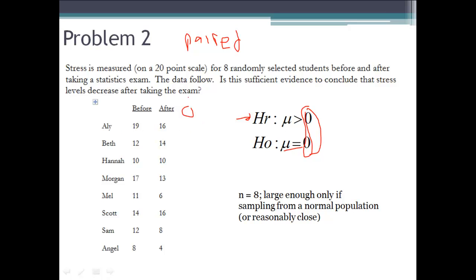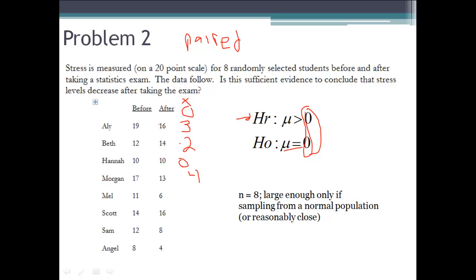What we're really going to be looking at, our x variable now, is going to be differences. For Allie, before minus after, we're saying she was higher by 3 before. And for Beth, -2, Hannah 0, Morgan 4, and so on. So we're saying that these differences were higher before, and that's why I have mu greater than 0.